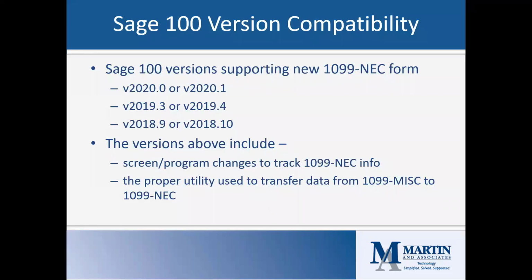It gives you a separate 1099 payment category that is the NEC, as well as a utility update that's going to move data from your MISC box 7 bucket to your NEC box 1 bucket. I'm going to show you that as well. So these are the compatible versions. Again, at the very end, we're going to talk about what we're going to do for the incompatible versions.